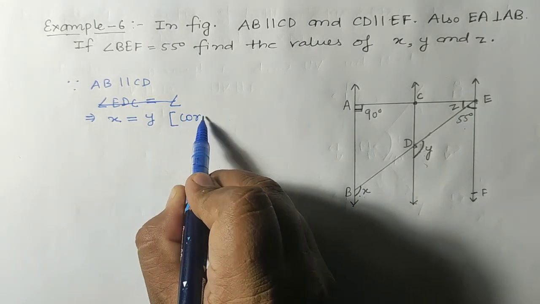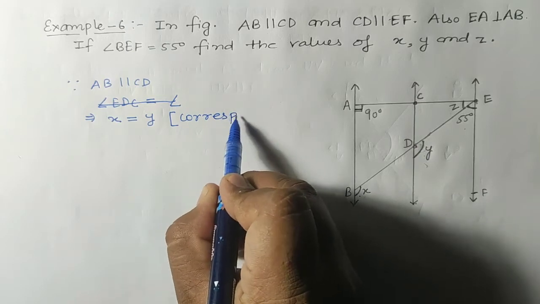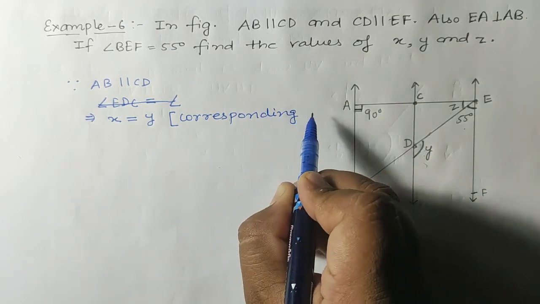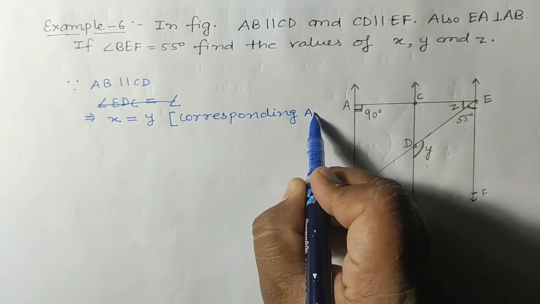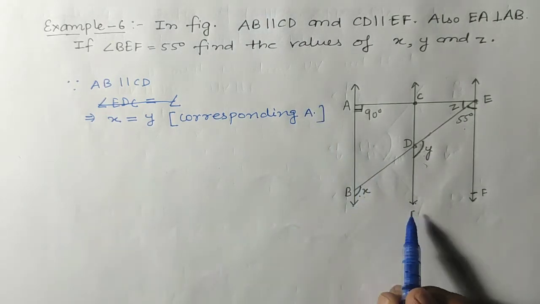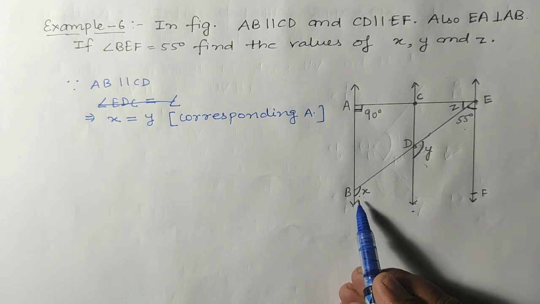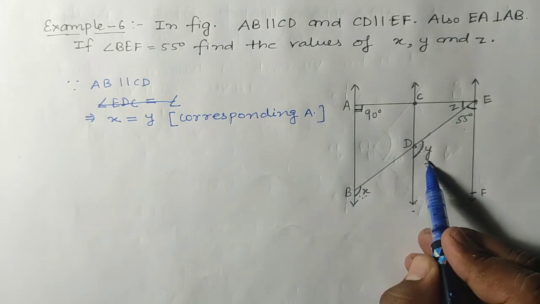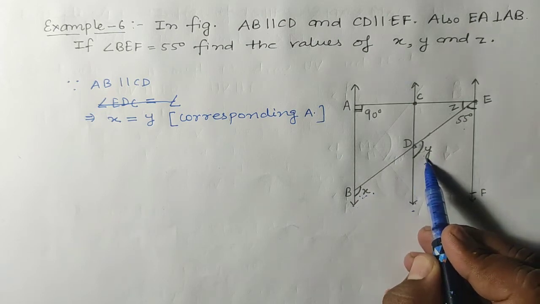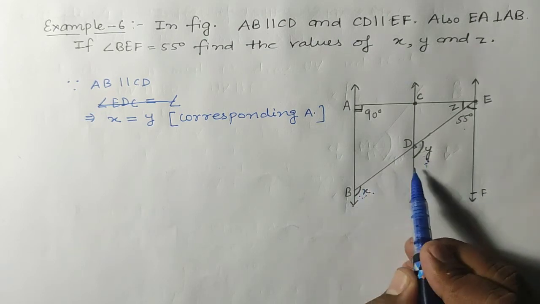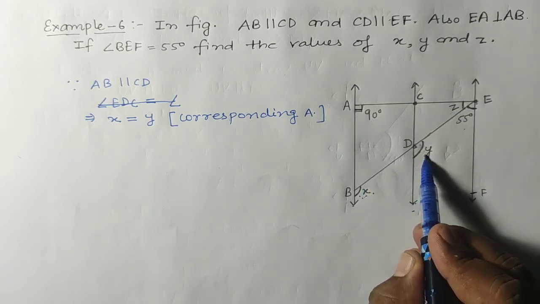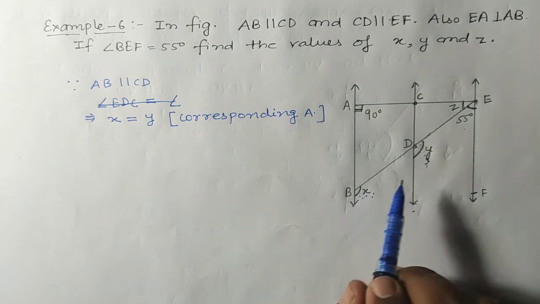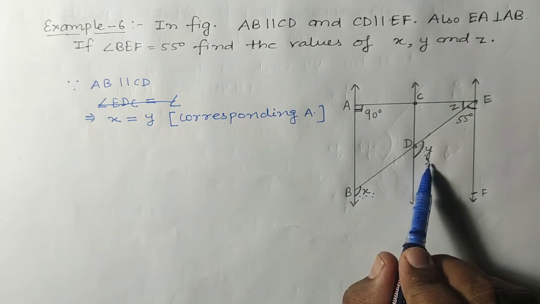Because of corresponding angles. We have studied an axiom: if two lines are parallel and a transversal intersects them, then their corresponding angles will be equal. So X and Y are the corresponding pair of angles. Whatever the value of X, that value will also be for Y.